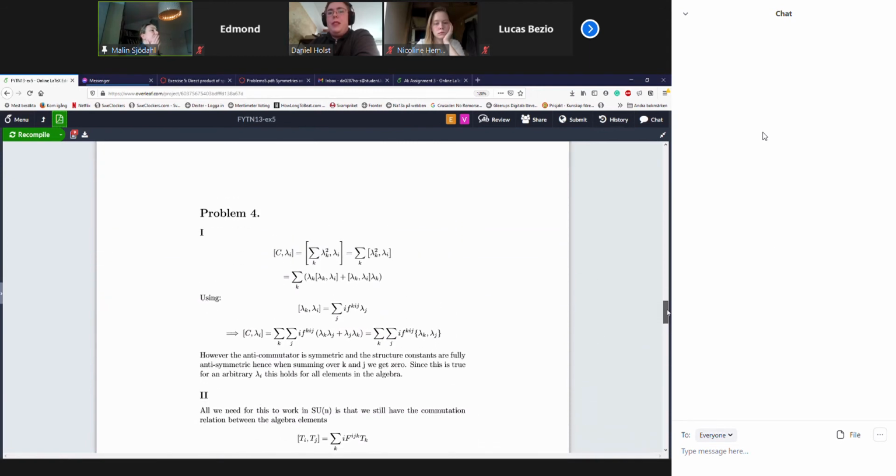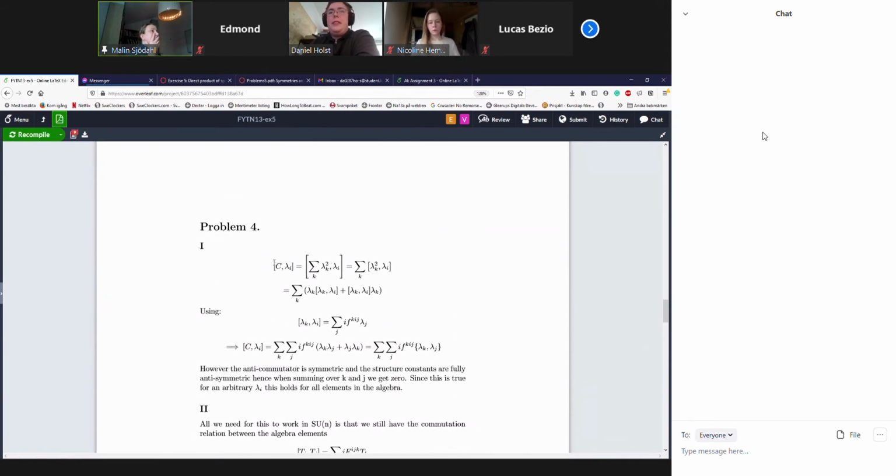First, we simply calculate the commutator between C and some element in the algebra, lambda I, and we want to show that this is 0, because if that holds for any lambda I, then it holds for all elements. So then we have shown what we wanted to show, and then we just removed the factors in front here. They won't make a difference.